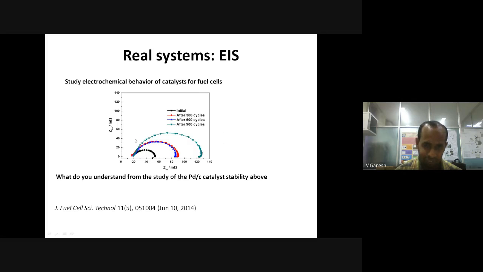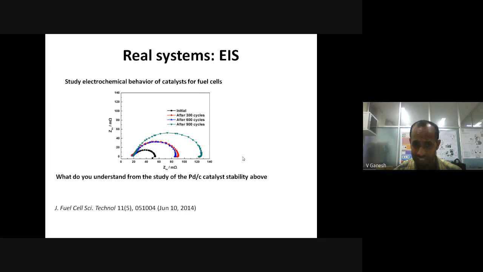You see that the semicircle keeps on increasing, meaning RCT is increasing. So that suggests that your catalytic material exhibits a higher charge transfer resistance with respect to cycle. So it essentially loses stability over the period of cycling.